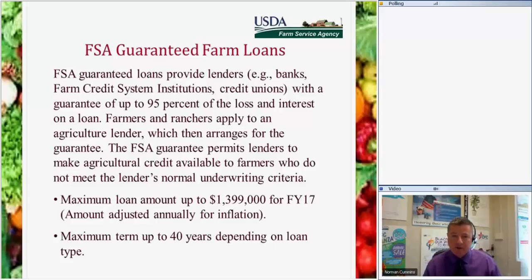If you're going to get it for something that's not even going to last 40 years, property-wise, it's probably going to be the length of that property. But for real estate, there's an opportunity for it to go up to 40 years, so you get your payments spread out. Unlike our direct loans, guaranteed farm loans are like any other loan that you get. They're usually going to be required to pay monthly. And I'll explain why I'm saying that later on.